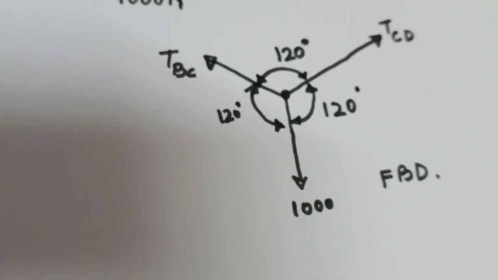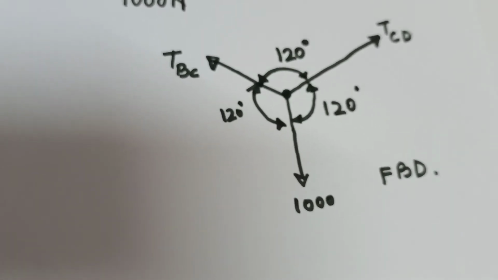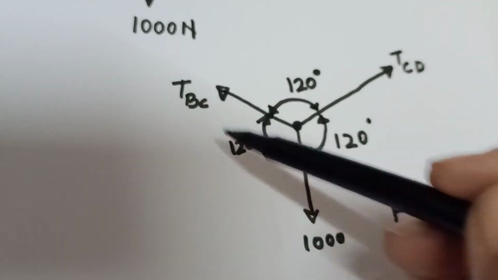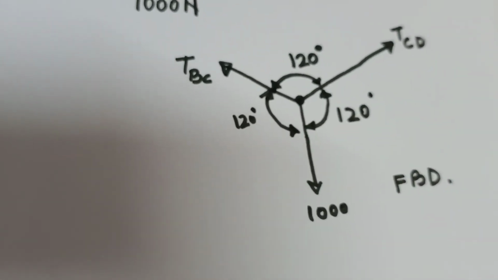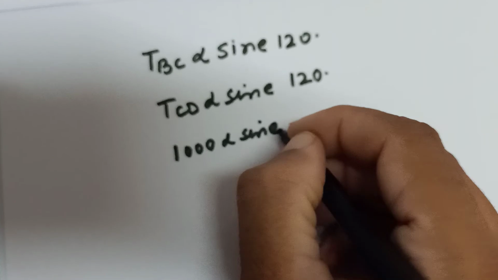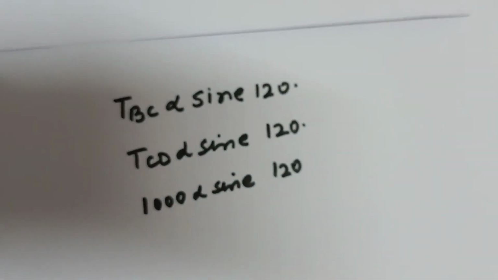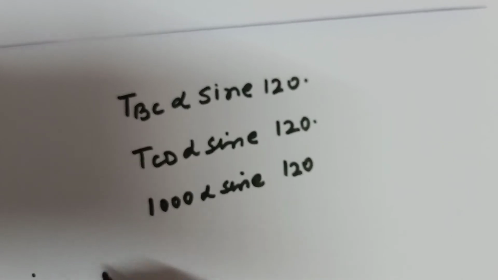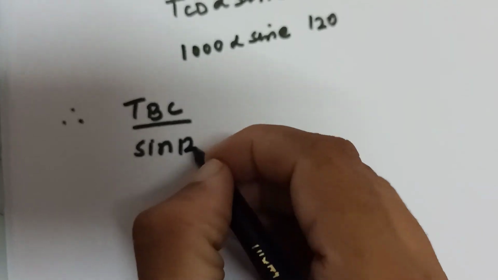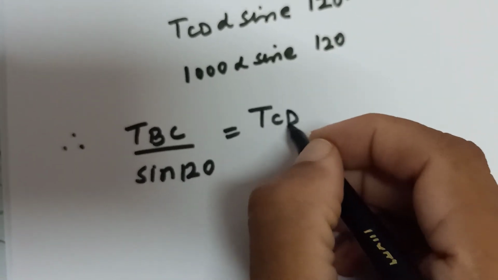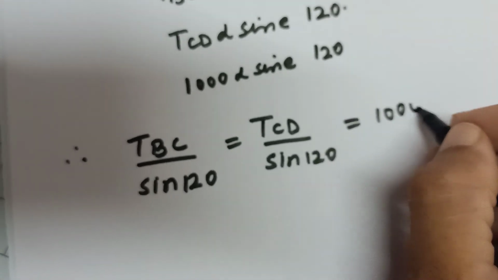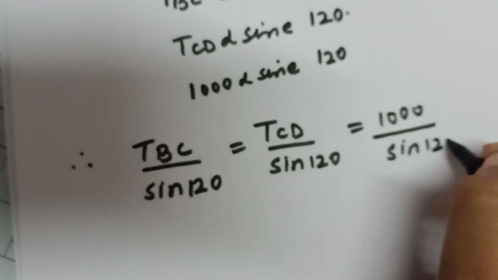Then TCD is proportional to sine of angle formed by other two forces, BC and 1000, that is 120. And 1000 is proportional to sine of angle formed by other two forces, that is 120. So in Lami's theorem we can write TBC upon sine 120 is equal to TCD upon sine 120 is equal to 1000 upon sine 120.